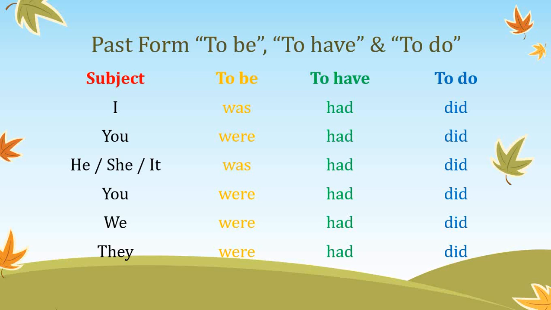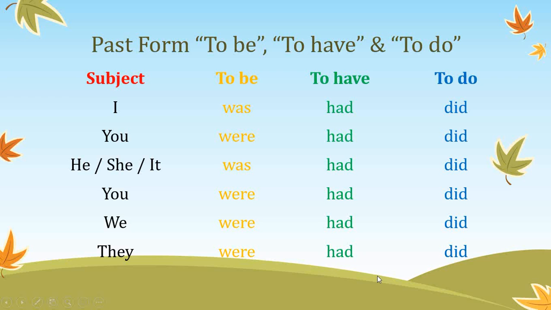Now, for the verb to have, we can see that it is the same conjugation for all of the personal pronouns. It's had for all of the personal pronouns.